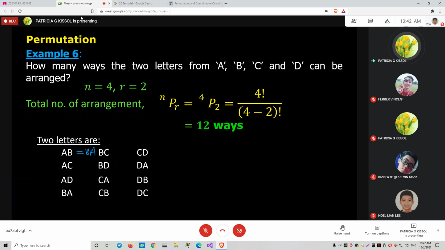You can see here AB, AC, and all this that is listed. Yeah, those are the 12 ways. We don't have to list all of this. We can count it. We straight away know the 12 ways. So imagine if your n is, say, 60.